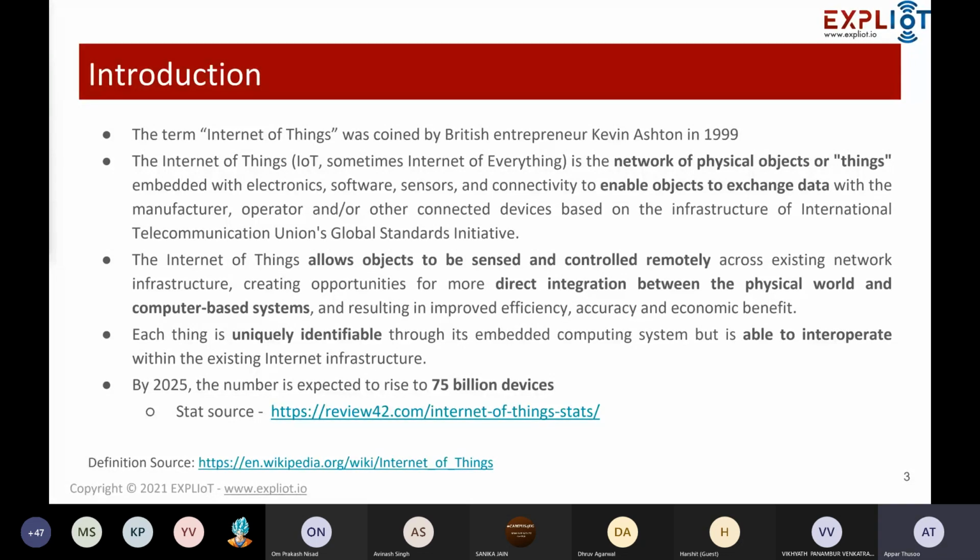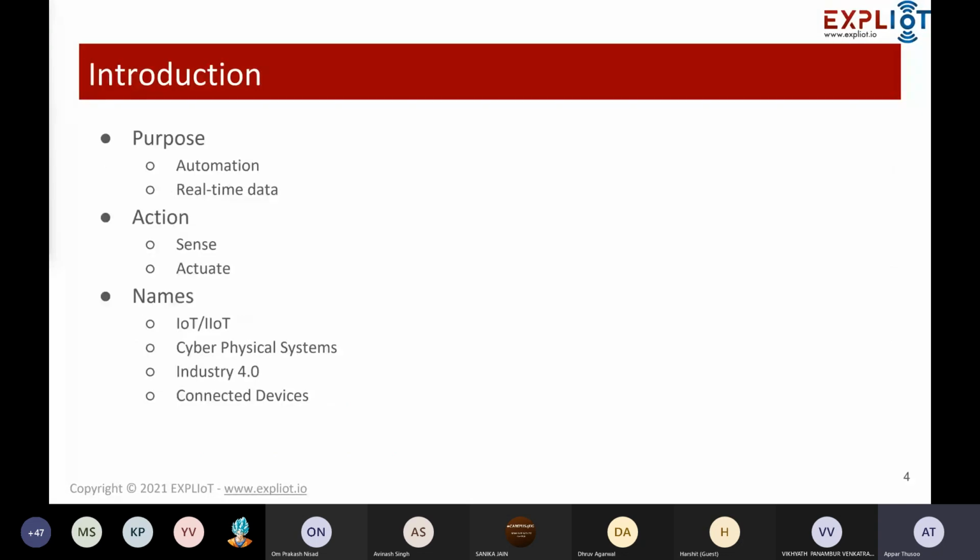Again, the purpose, as I mentioned, was automating some of the processes and processing real-time data. If we talk about the high-level action of an IoT device, it is basically sensing and actuating: sensing the environment conditions and then, based on that, actuating an action by the device.